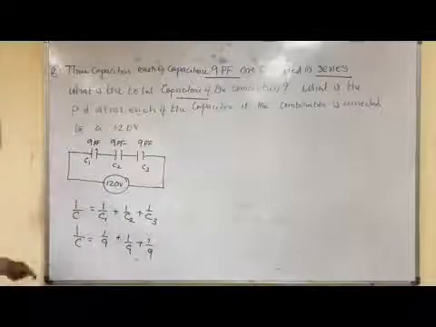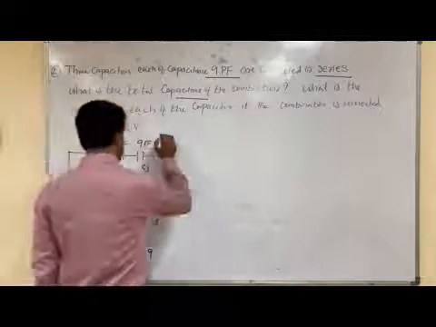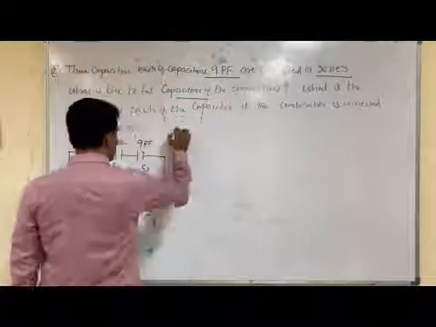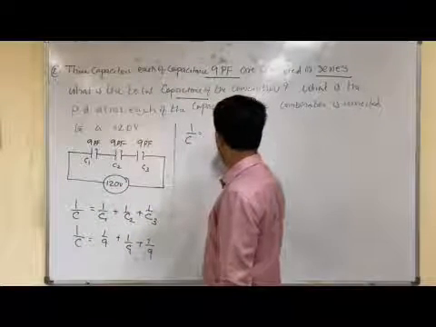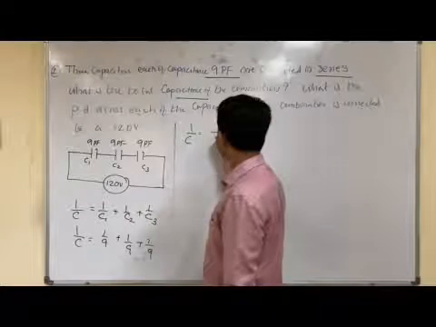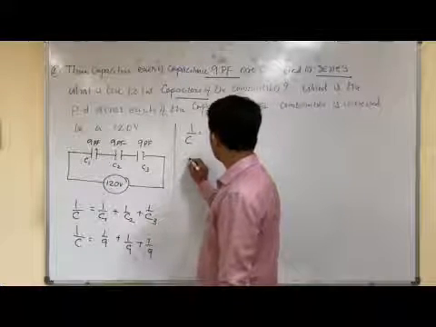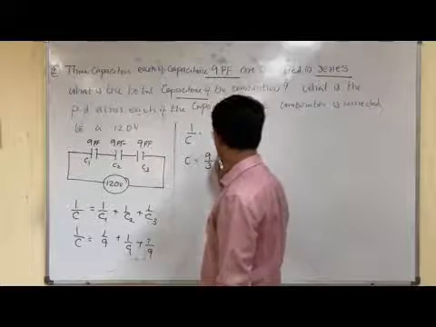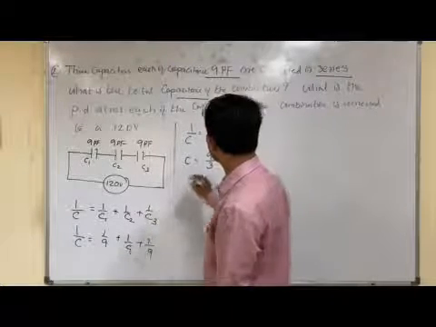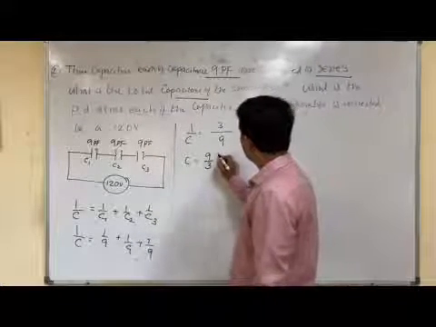Taking the LCM as 9, 1 by C is equal to 3 by 9. That means C is equal to 9 by 3, in terms of picofarad only.